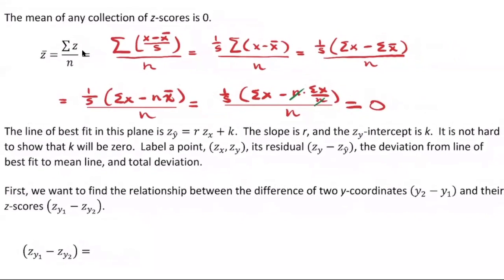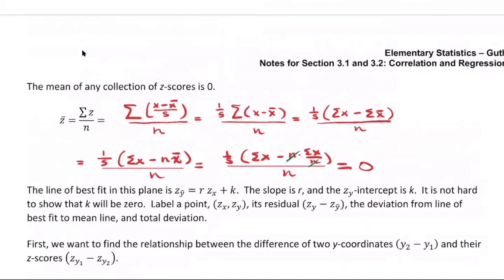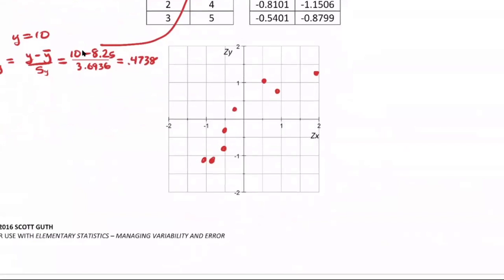It is not hard to show that the z-intercept will be 0. Remember, z-scores are centered on 0. So all we're saying is that when you draw this line, it has to go through the origin.